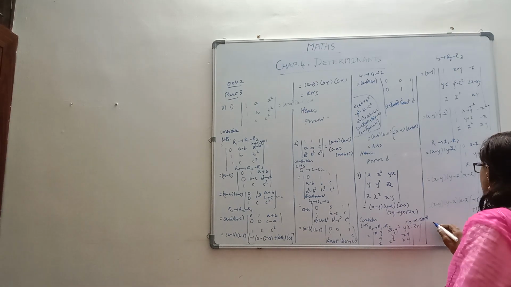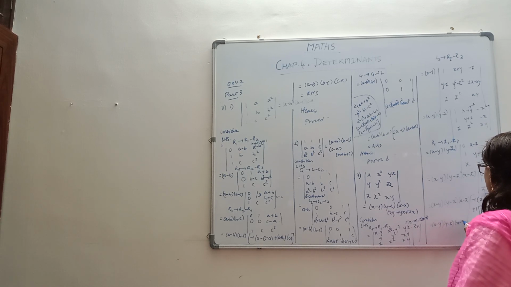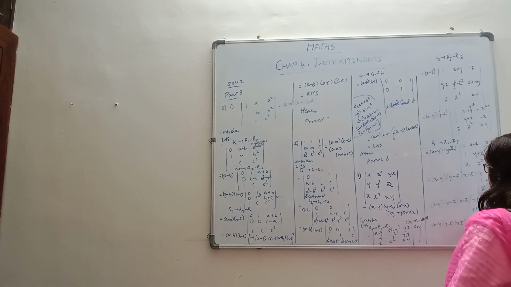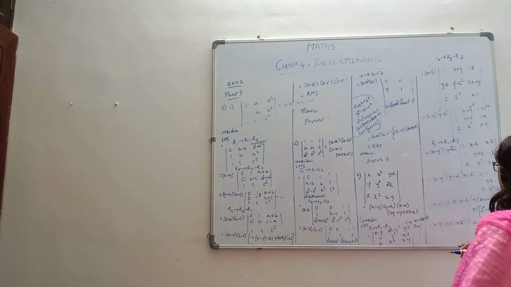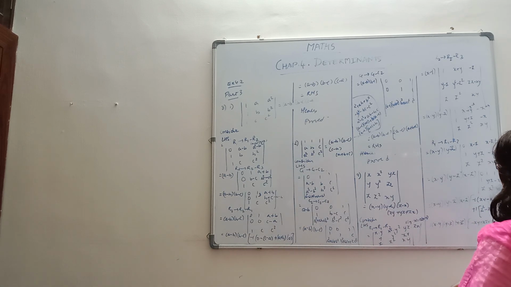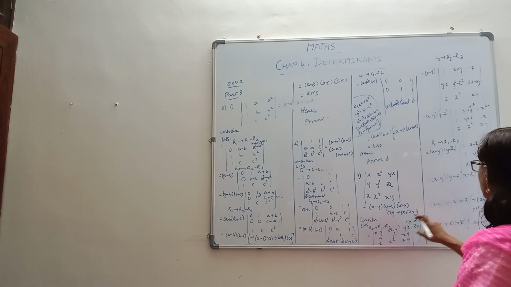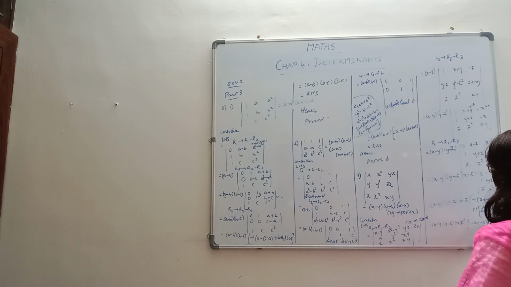So let's check this. (x minus y), (y minus z), (x minus z). Let's open all the brackets and see what is coming. Minus xy plus xz plus z squared minus zy and minus z squared. The plus z squared and minus z squared cancel each other.